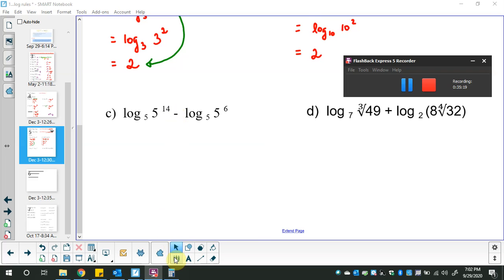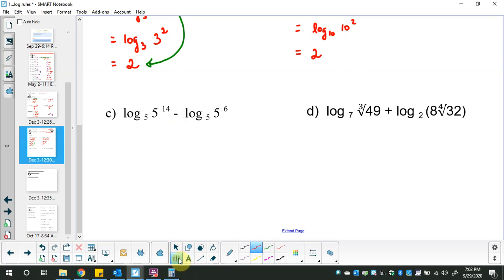This is a subtraction question, so what that means is that you get to use the law of subtraction, or if you prefer, the law of division. So it says that you can take subtraction and turn it into division. So that looks like this because I don't feel like using the old school division.